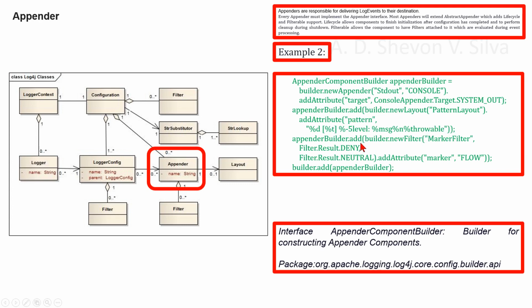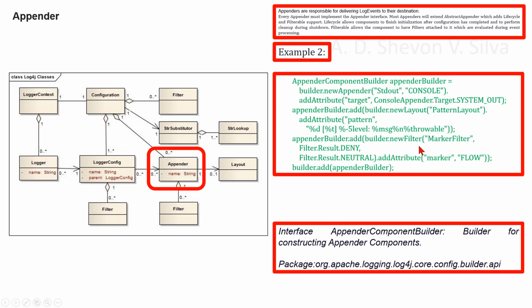This add method adds a filter to the component. So this is the FilterComponentBuilder here as a parameter. Here the newFilter method returns a builder for creating filters. This is a FilterComponentBuilder, and this is the plugin name.